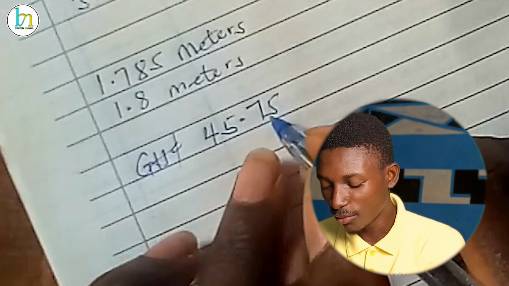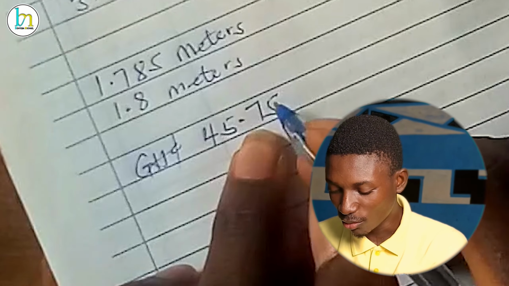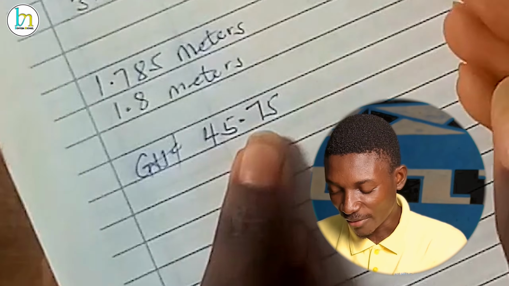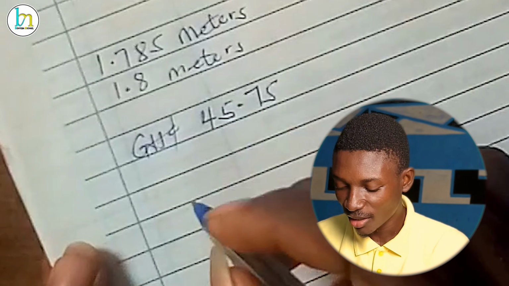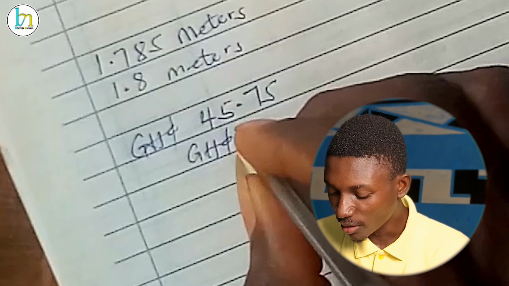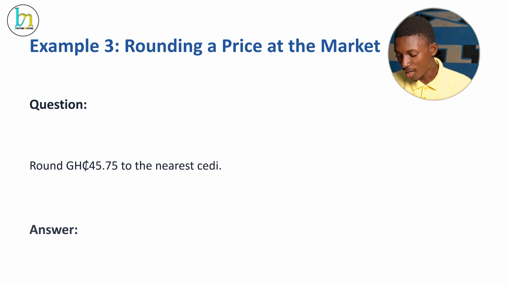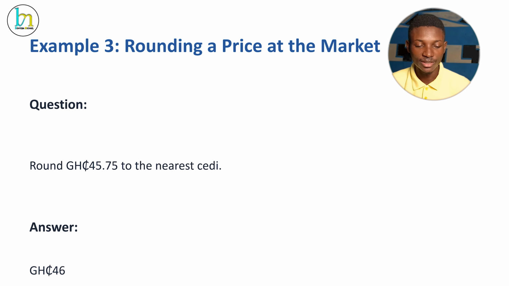When we round it, it becomes 46, so we get Ghana cedis 46 as our final answer. Very good. So that's it. This is not difficult. Now let's check your understanding of all that I have said.